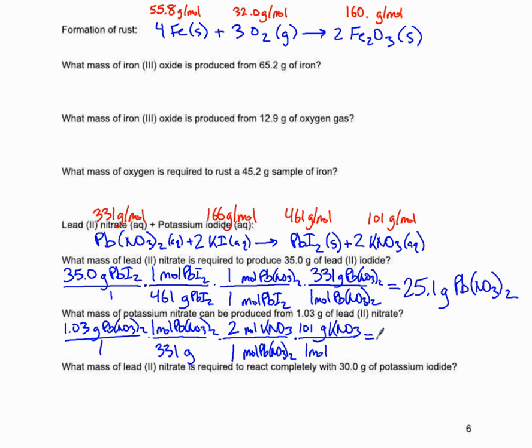And so we end up producing 0.629 grams of this aqueous potassium nitrate product.